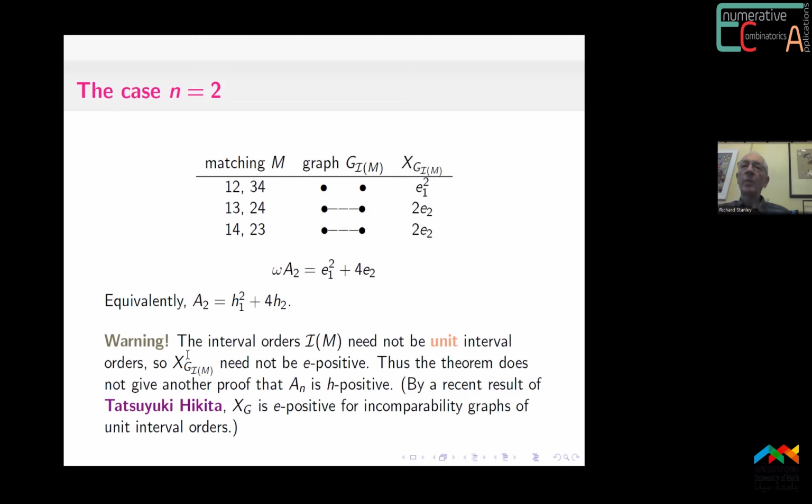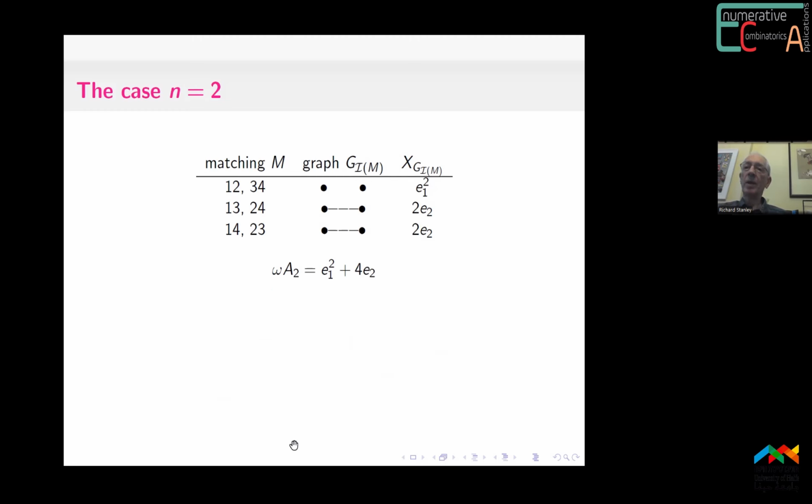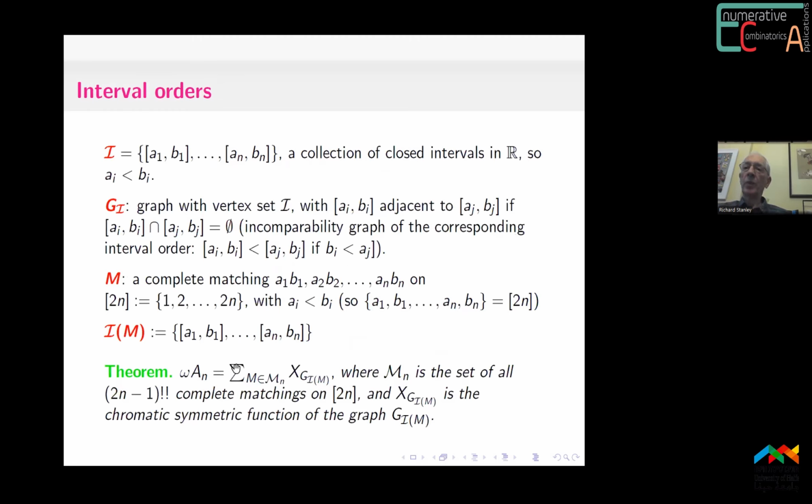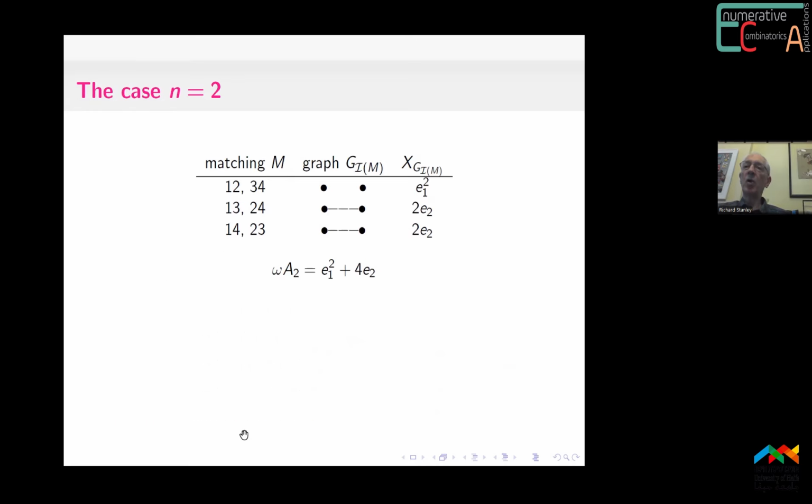I should say these interval orders I_M are not necessarily unit interval orders. So the individual terms in this sum need not be e-positive. The whole sum is e-positive because A_n in general is h-positive.